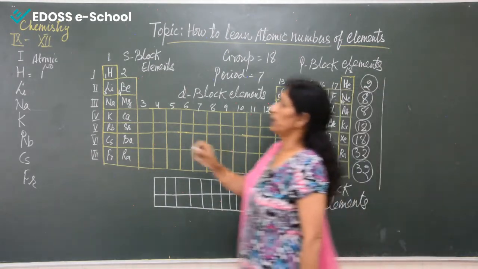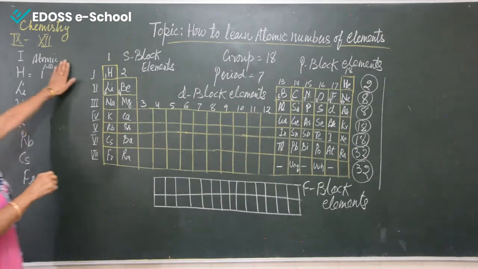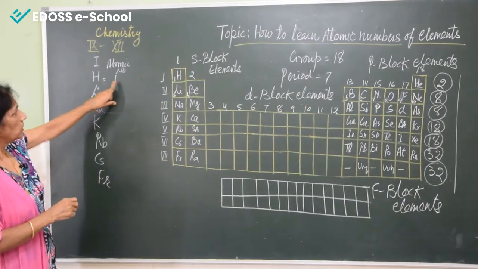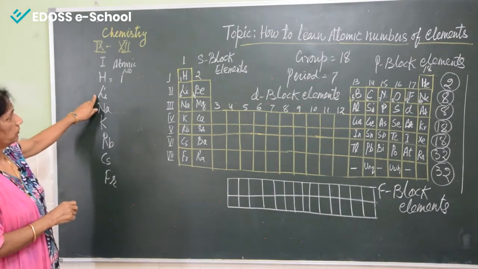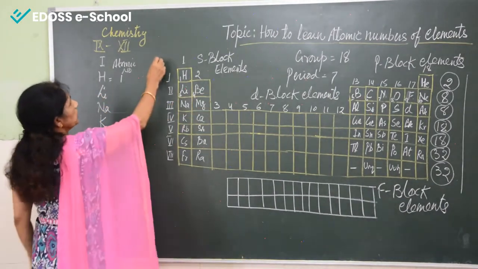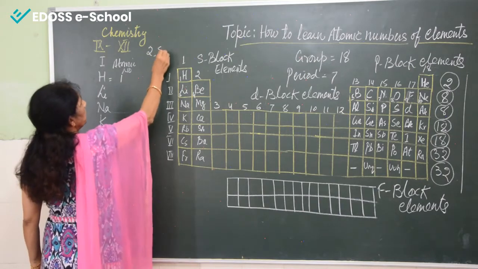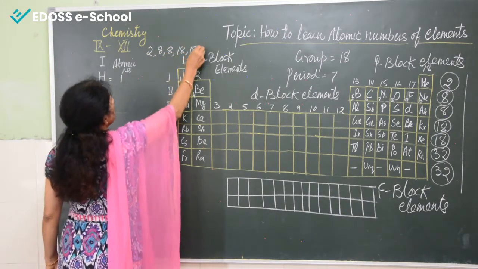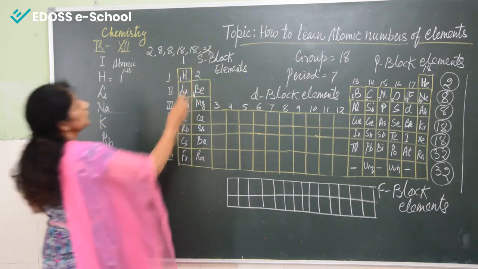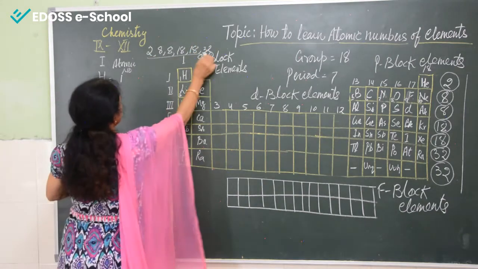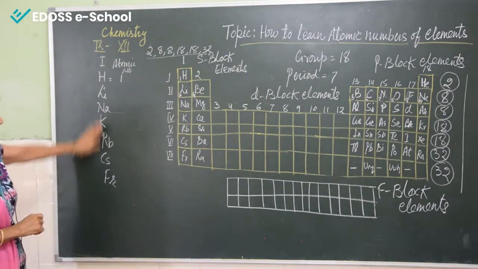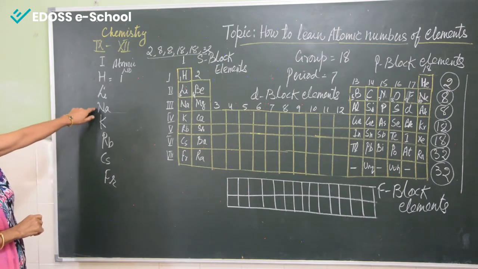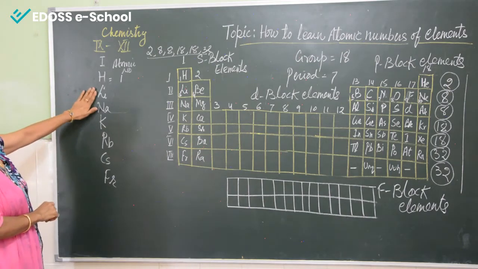Now to find the atomic numbers in group 1, hydrogen has 1. To find the atomic number of lithium, we have to keep this figure in mind: 2, 8, 8, 18, 18 and 32. If you count from here, 1, 2, 3, 4, 5, and this is lithium.